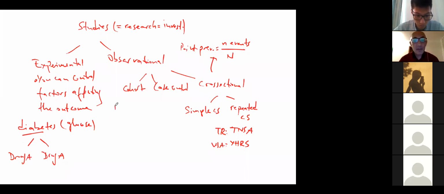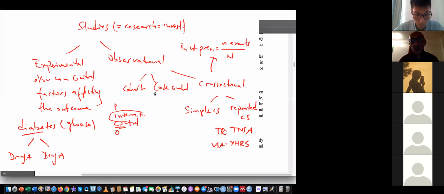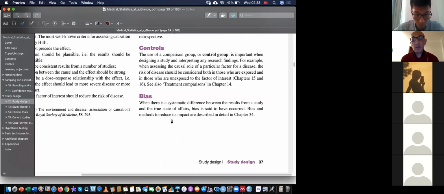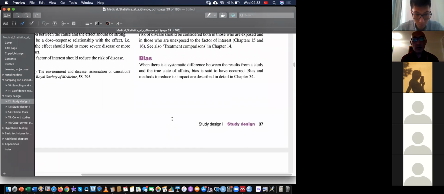So always we look for an intervention. In a study, we always want to see a control group. Doing a study on only one group is not good. We always try to have controls, and the control group can be treatment comparisons or healthy people in the population.